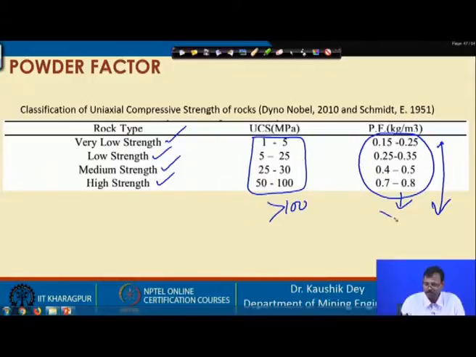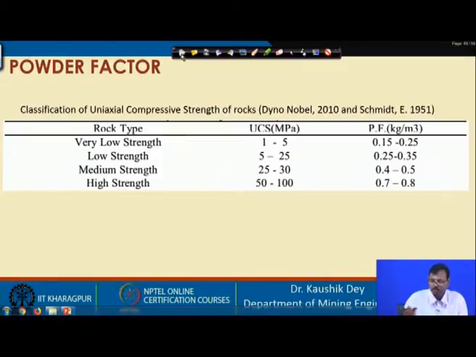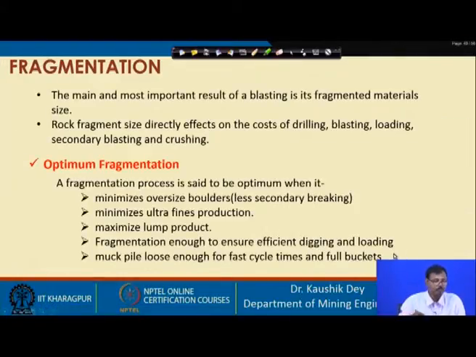So, this will increase up to 0.8 kg per meter cube of charge requirement for stronger rock. However, with changing explosive and explosive loading system, the powder factor may also be influenced by those properties, which has to be taken care of.